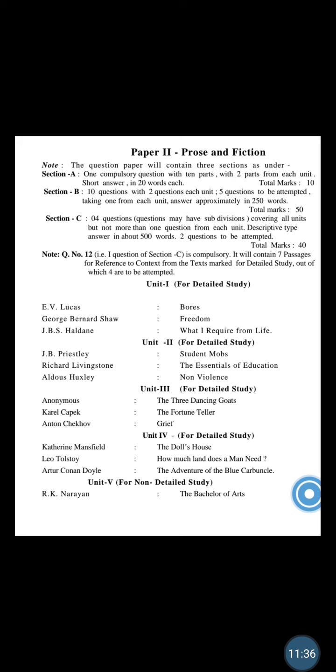It means that you will be getting reference to context from these 4 units. The fifth unit is for non-detailed study because it has the novel The Bachelor of Arts by R.K. Narayan. So you won't get reference to context from this unit, unit 5th, but you will be getting questions from this section. Okay? So this is the description of your syllabus.